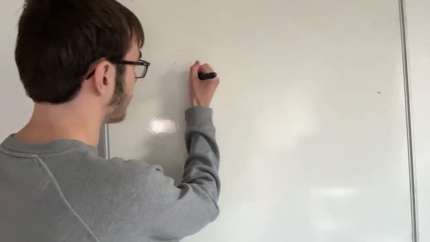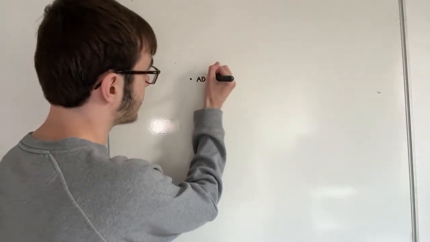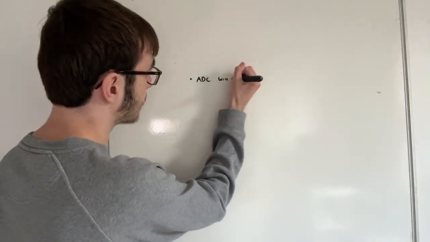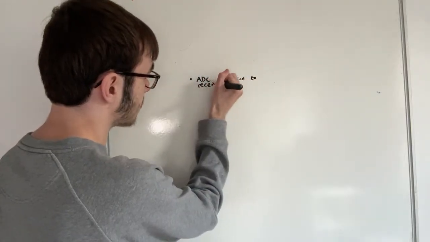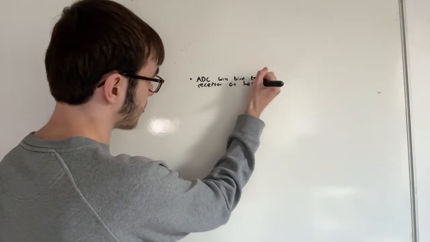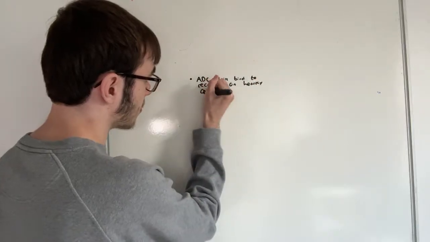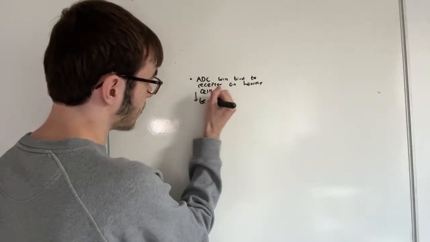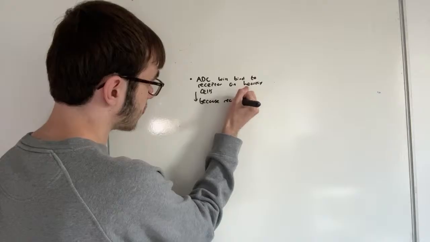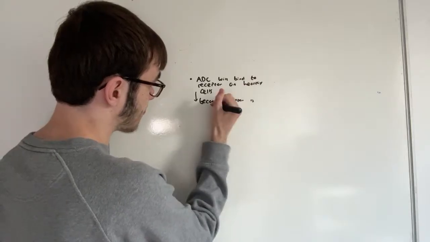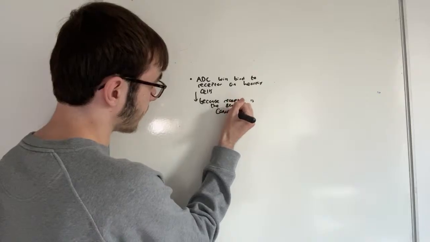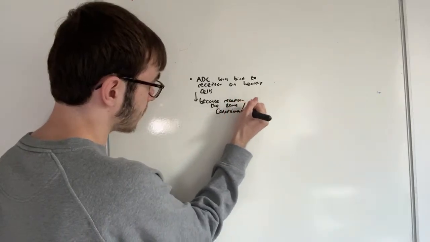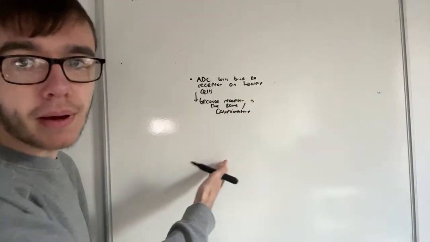So what we're going to say, we're going to say that ADC will bind to receptor on healthy cells because receptor is the same / complementary. I think that would be a mark.